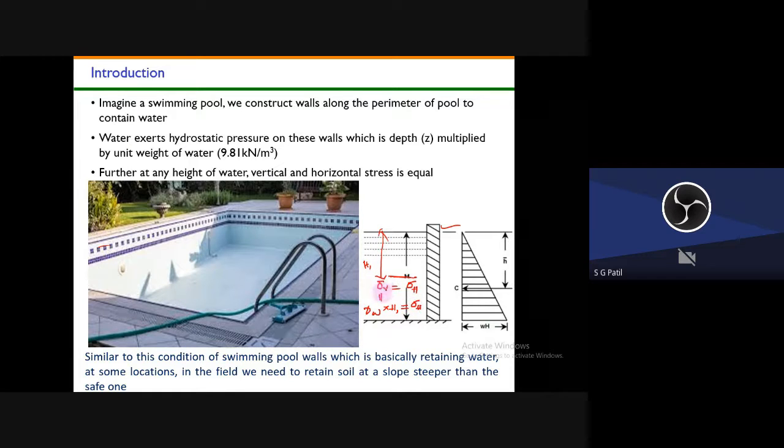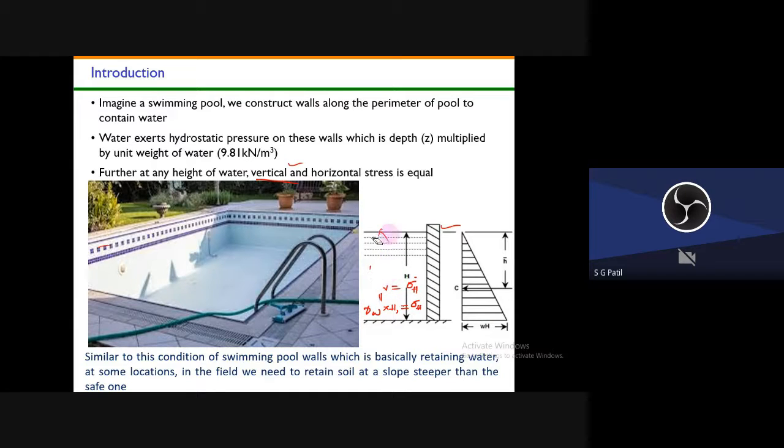So that's why this water will always have vertical stress and horizontal stress the same. Okay, so at any height the water vertical and horizontal stresses are equal. That's what I explained here. Okay, so your vertical stress is equal to horizontal stress, whereas in soil this is not the same. Whatever your vertical stress is, this vertical stress is not equal to horizontal stress.